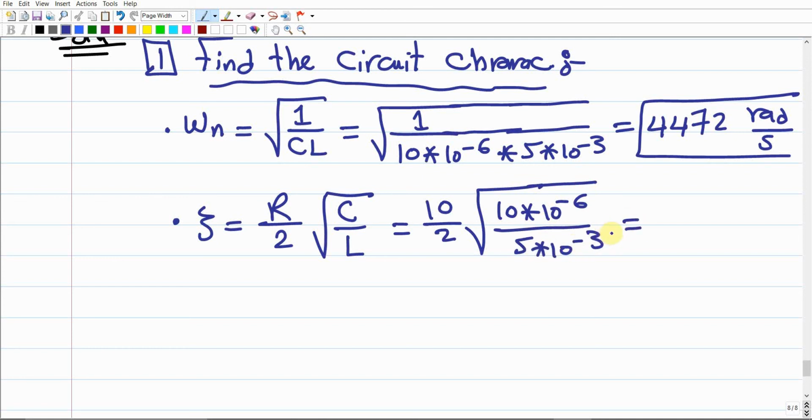If we do the calculations, we end up with xi equal to 0.2236. And again, it is dimensionless.